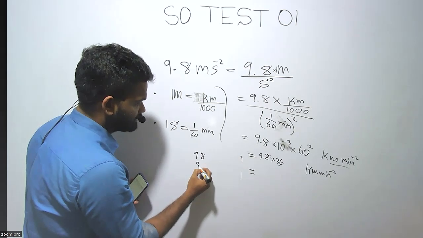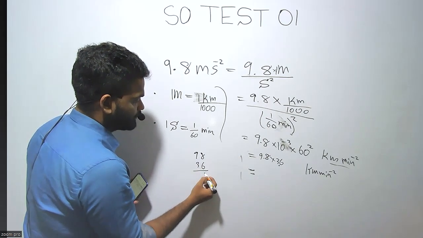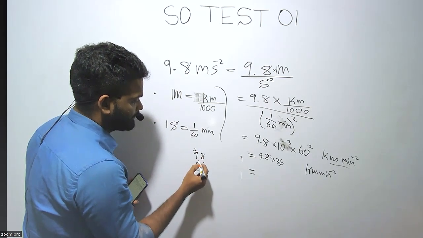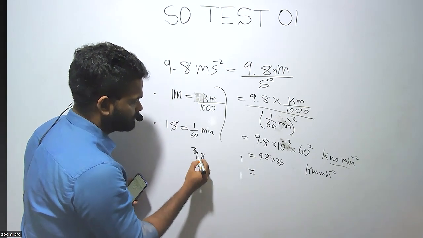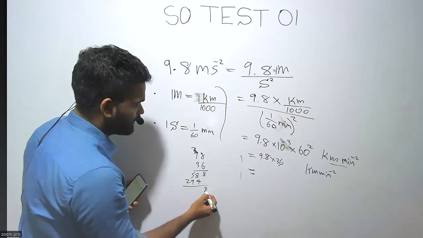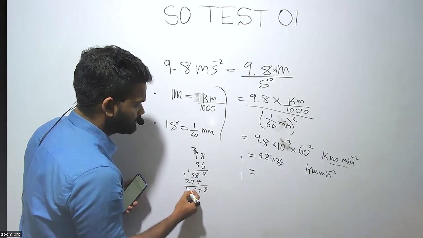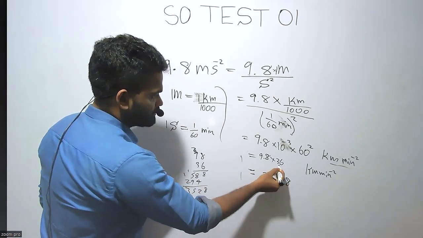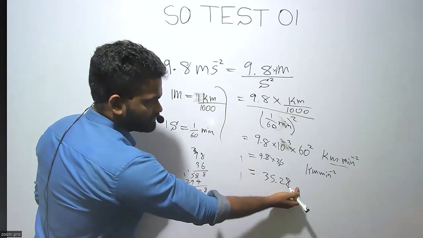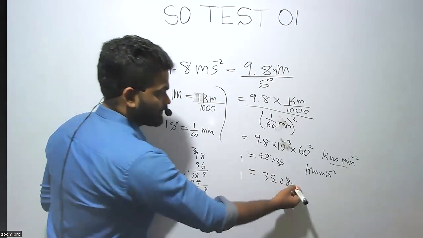So 98 times 36. What you get is 35.28. So there are 2 decimals. So you need to place 2 decimals from the right.